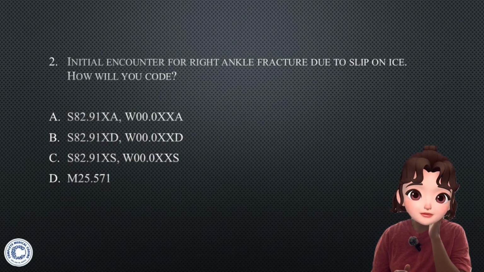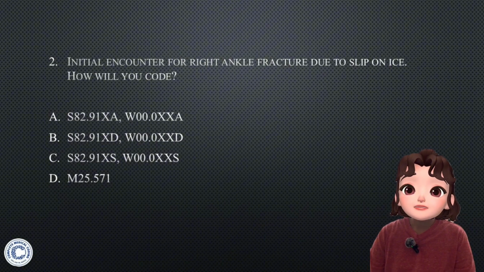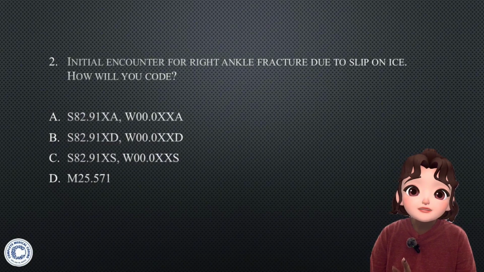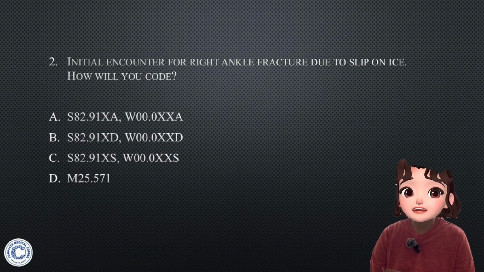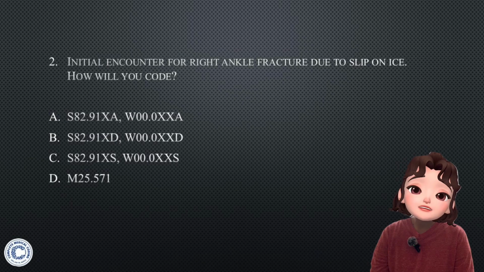So if you check the options, here we have to code for the initial encounter of right ankle fracture. In option A, two codes are present, and both represent initial encounter because the seventh character is A. If you go to option B, in both the codes the seventh character is D, which is subsequent encounter, so you can directly mark option B as wrong.